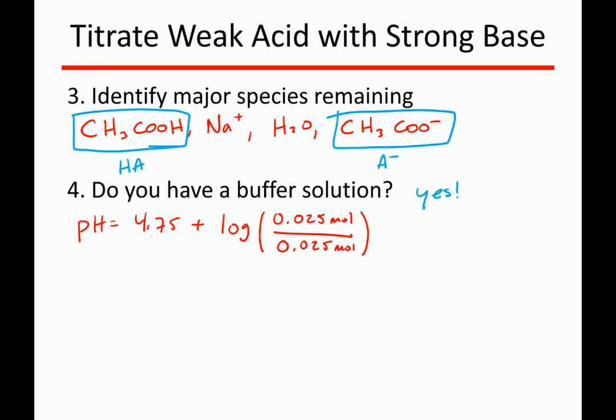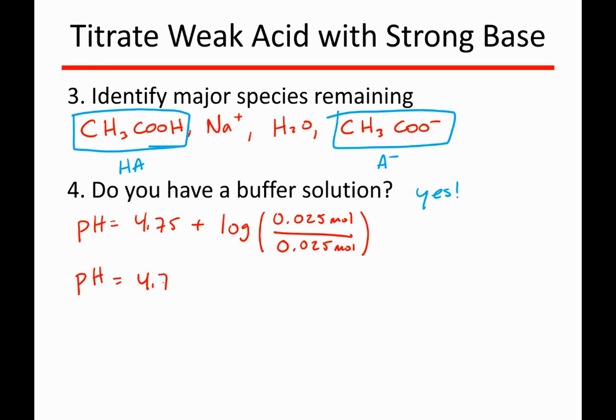All right, so I've mentioned a few minutes ago that at the half equivalence point, because you've used up half of the weak acid, you end up in a situation where the moles of HA end up being the same as the moles of A minus. And I mentioned also that that's going to have some important consequences for us when it came time to calculate the pH, and here's where that comes in.